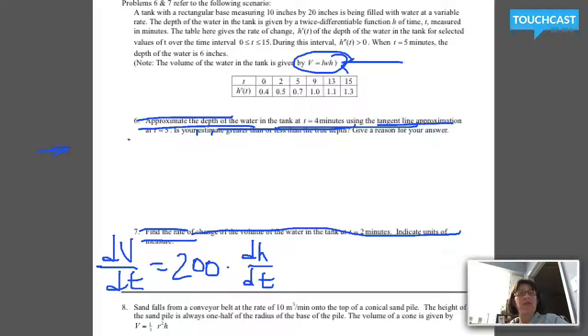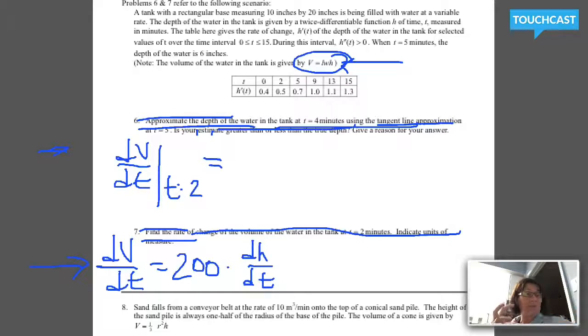The thing I was looking for was dV/dt at the specific moment when time equaled 2. So I'm simply rewriting this equation, but I'm freezing it at the moment when time equals 2. So dV/dt equals 200 times dh/dt is the same as saying dV/dt at time t equals 2 is 200 times dh/dt when time equals 2.